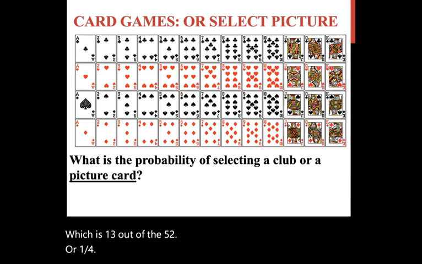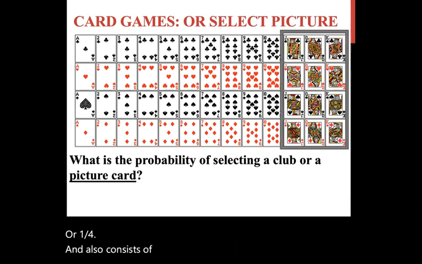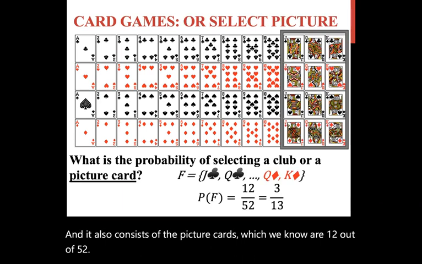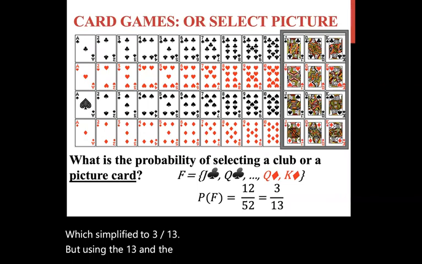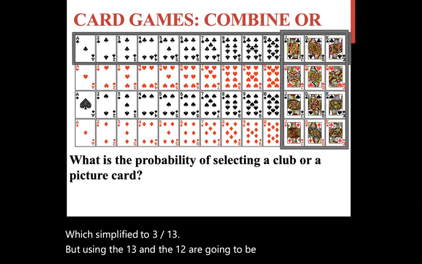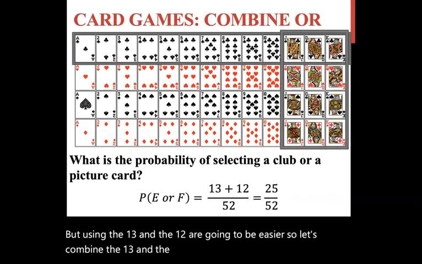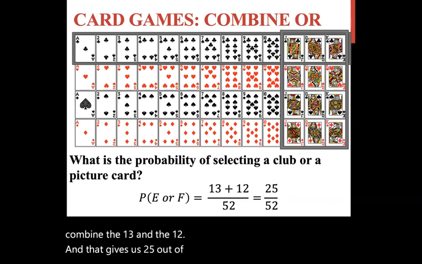And it also consists of the picture cards, which we know are 12 out of 52, which simplified to 3/13. But using the 13 and the 12 is going to be easier. So let's combine the 13 and the 12, and that gives us 25 out of 52.